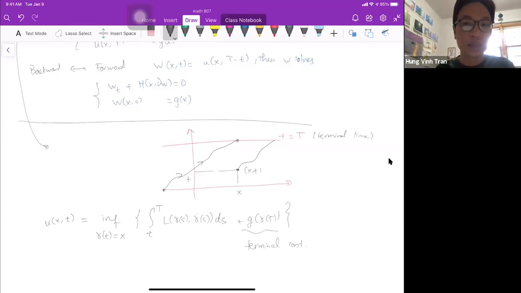In terms of terminology, terminal cost and terminal time sound more natural, that's why people prefer that. But nothing is different.